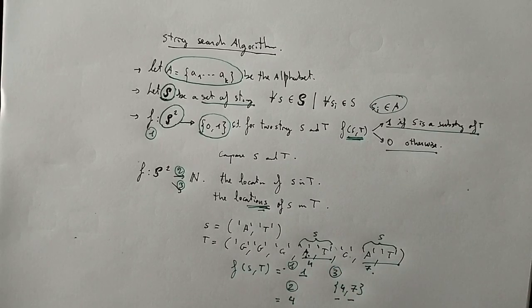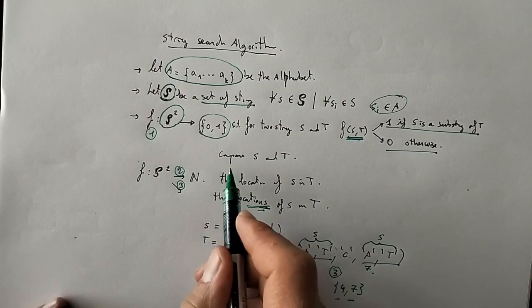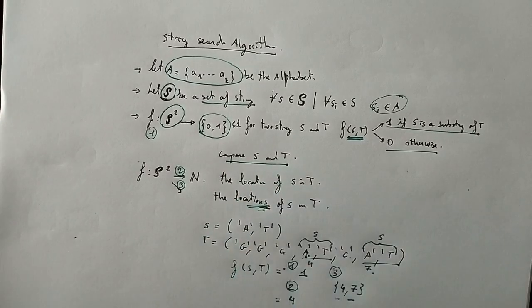Okay, so basically this is the idea of a string search algorithm. We are going to give the algorithm 2 strings, and the idea will be to search one of the strings in the other string. And to do this, we need to, as I told you, compare S and T.